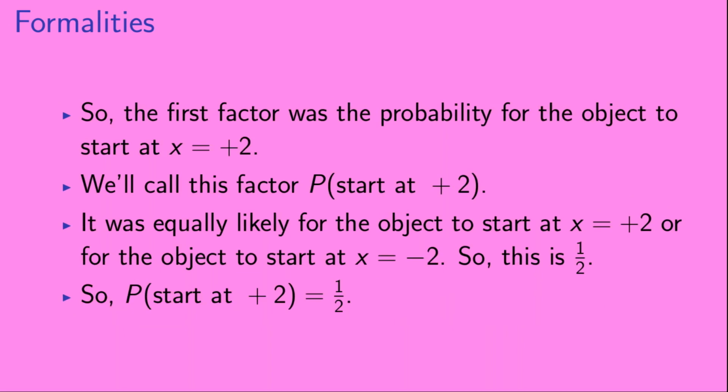So the first factor was the probability for the object to start at x equals +2. We'll call this factor P of start at +2. It was equally likely for the object to start at x equals +2 or for the object to start at x equals -2. So this is 1/2. So we have P of start at +2 equals 1/2.